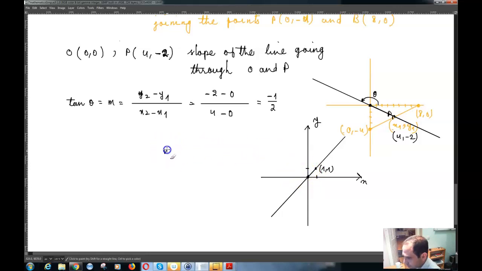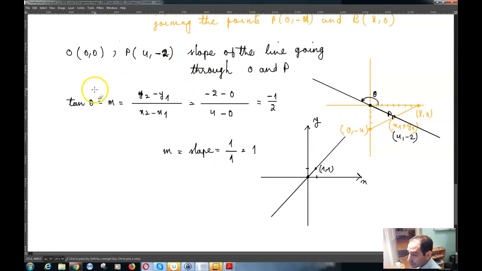So the slope of the line I can calculate by dividing the y-coordinate by the x-coordinate, which would be 1 divided by 1, equal to 1. So the slope of this line is equal to 1, which is something interesting that you can use in many different situations.